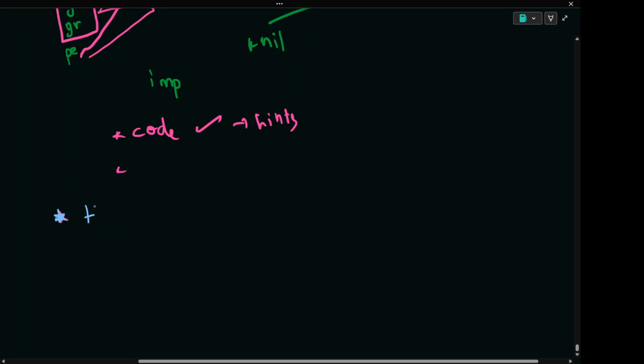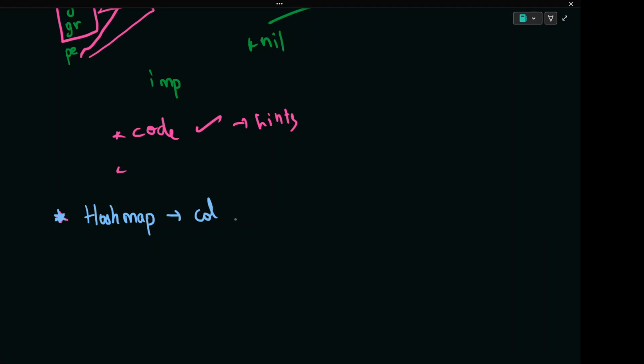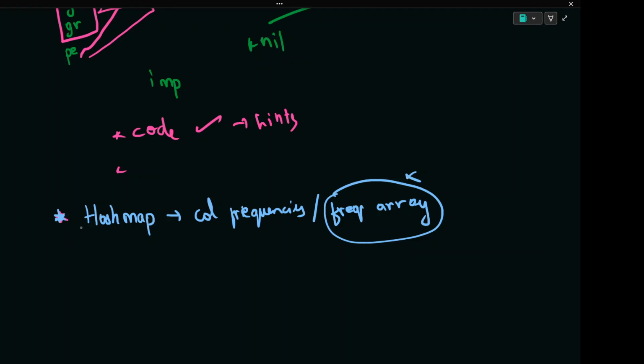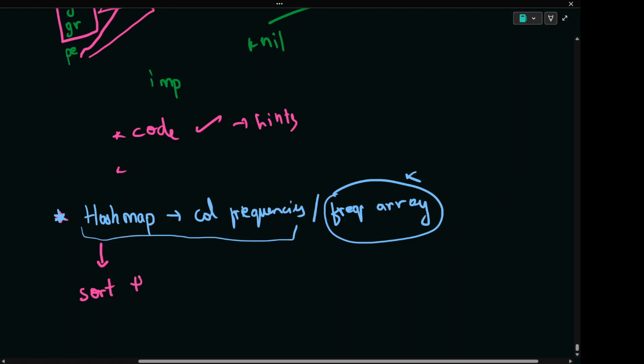So either use a hash map to calculate the frequencies, hash map or frequency array. For now, don't worry about this. Implement it with a hash map. Okay. You found the frequencies now. After that, you have to sort the frequencies.